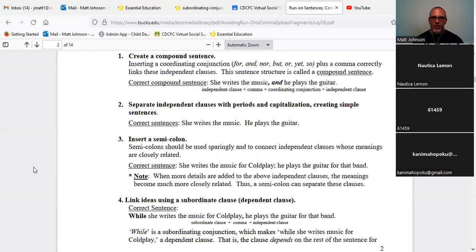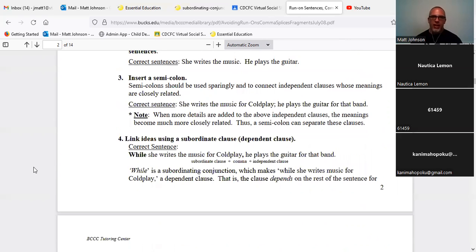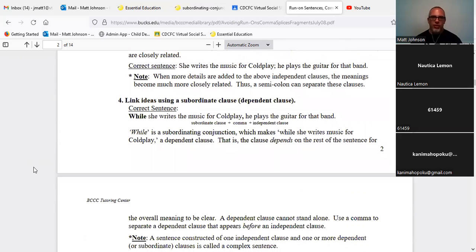The semicolon, as I've mentioned, basically replaces the comma and the word and. So you could just do that. And then link ideas using a subordinate clause. So she writes the music for Coldplay, comma, he plays the guitar for the band.